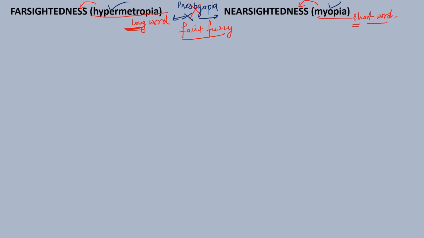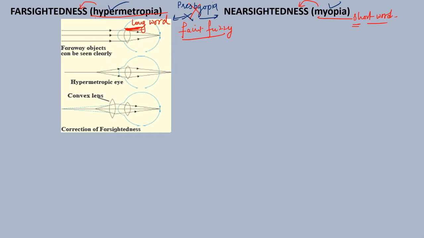So before that, I'll show you a picture. This is a picture for farsightedness. That means far away objects can be seen very clearly. Now this is the retina. In this case, you can see that the image is formed at the retina. So this is called perfect vision. There is no problem in this. Now in this case, what happens? The image is formed beyond the retina.